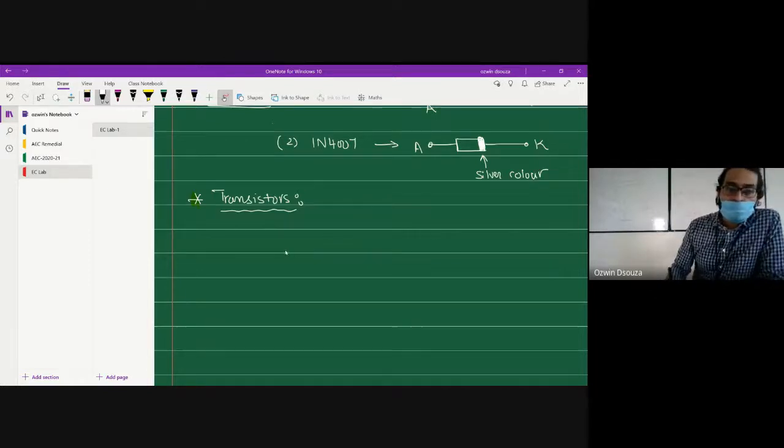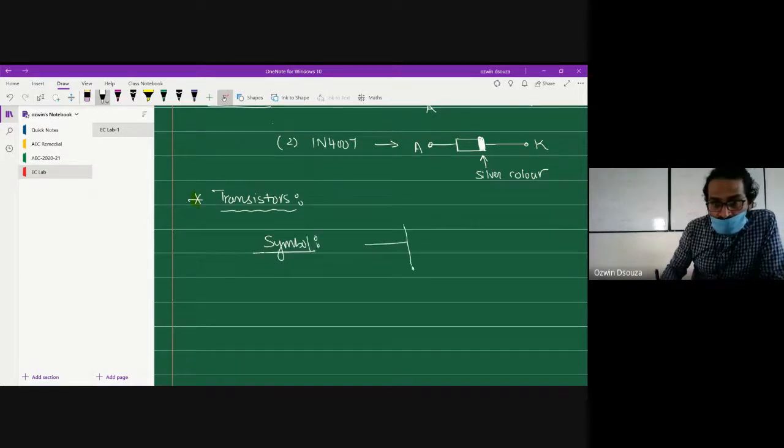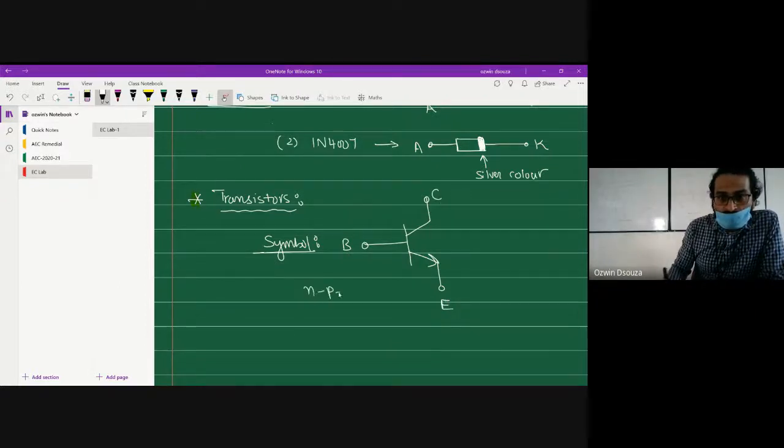Transistors. So the transistor symbol you all know, right? The transistor symbol is something like this. It's a 3-terminal device: base, emitter, and collector. This is your NPN transistor.